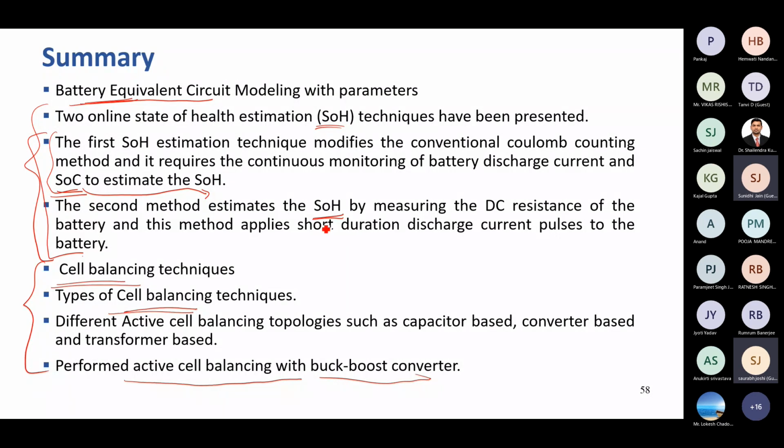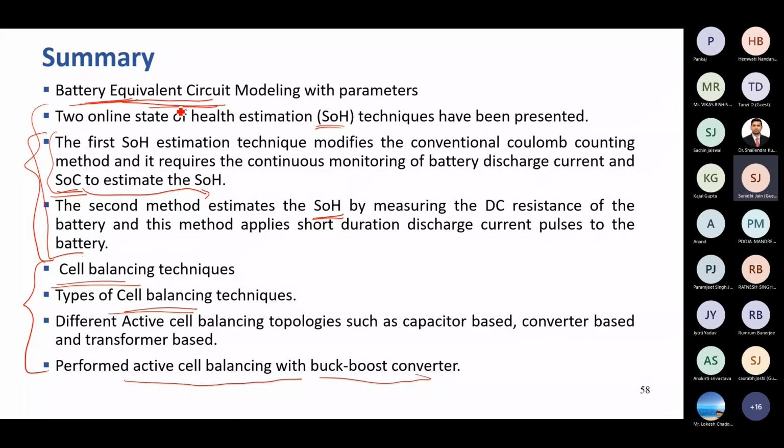The first two methods we have discussed are about how to estimate the battery state. But is it really possible to extend the life of the battery? How to do that? One method is to take the temperature effect into account when you are charging and discharging the battery. When you consider the temperature, the equivalent circuit is modified.